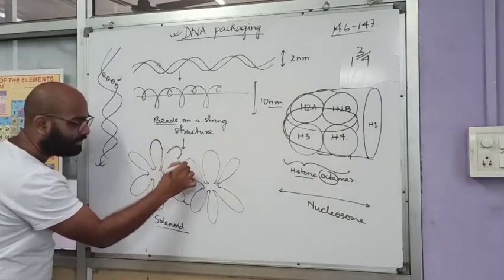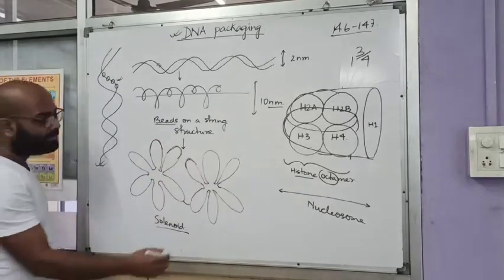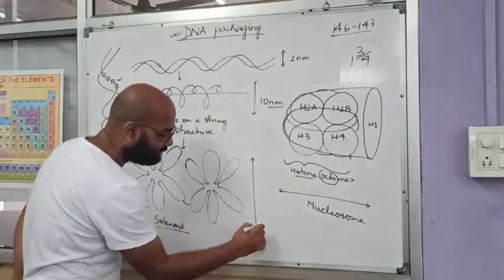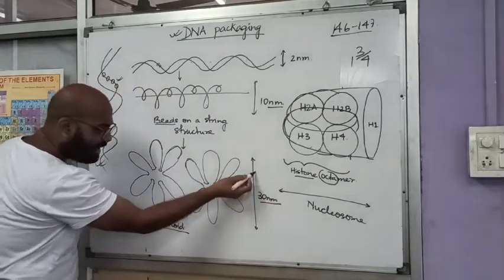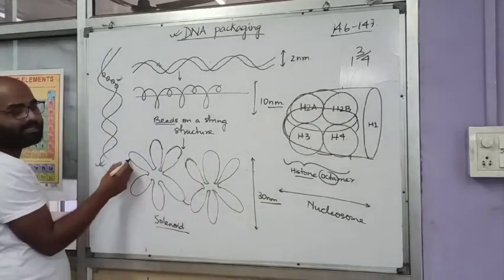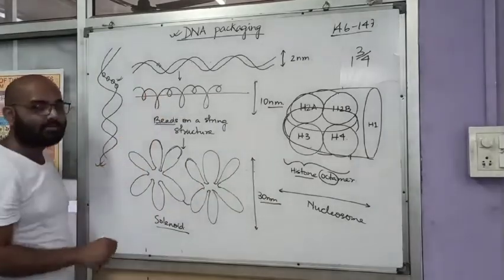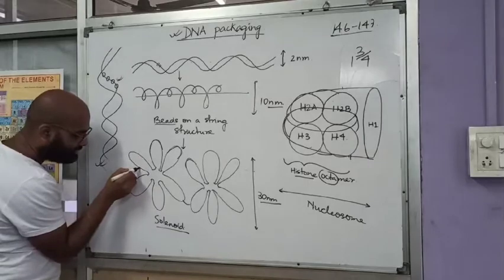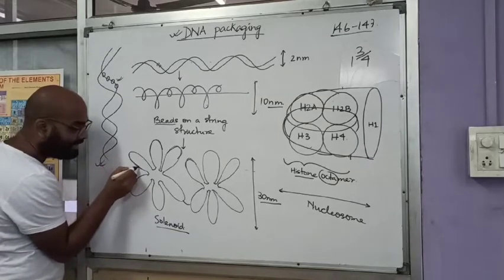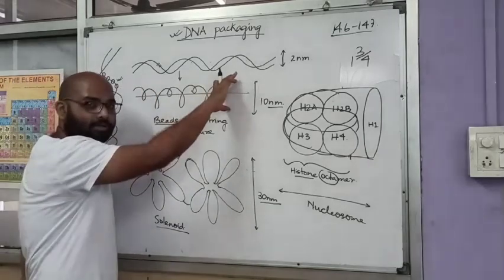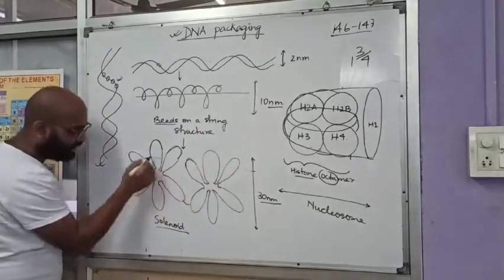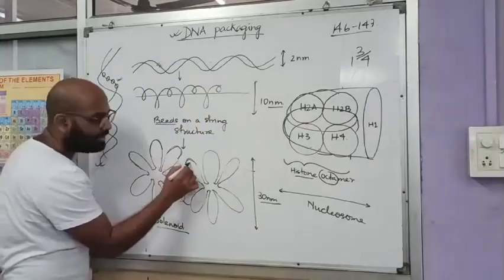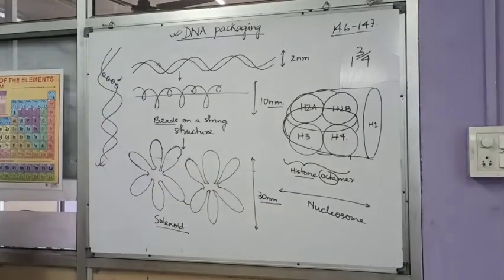Here it can be here or here. So what happens? The diameter becomes 30 nanometer, but in one single stretch, you can imagine how many more nucleotides are being associated, because this single line represents this structure. So at any position, we will have many nucleotides in a single pack.